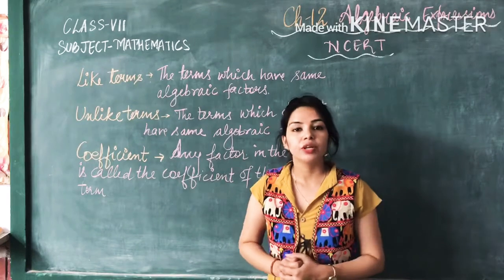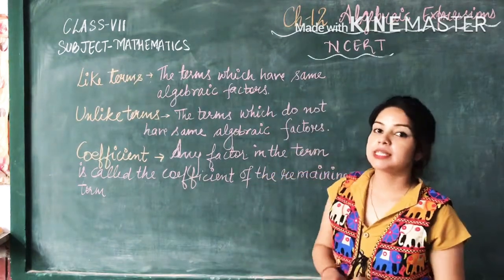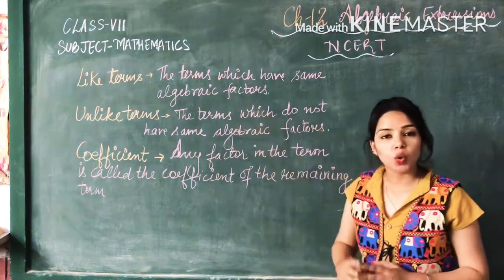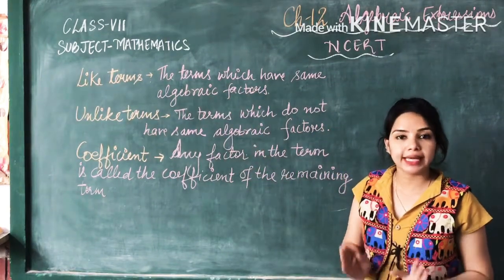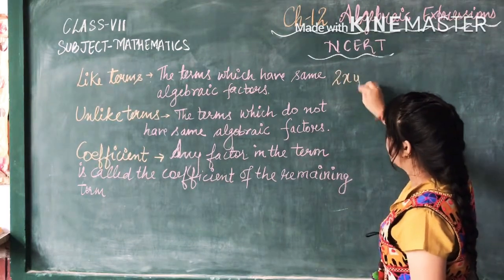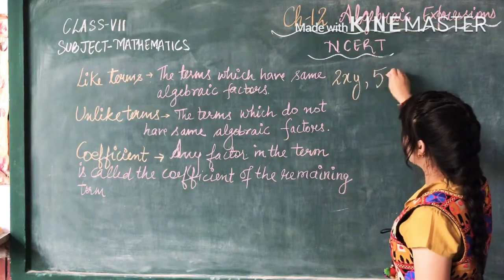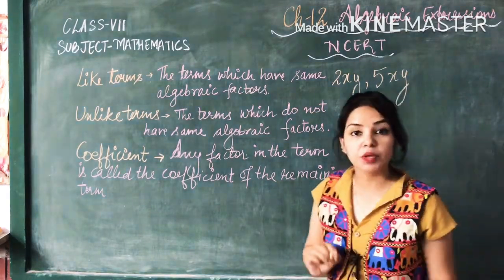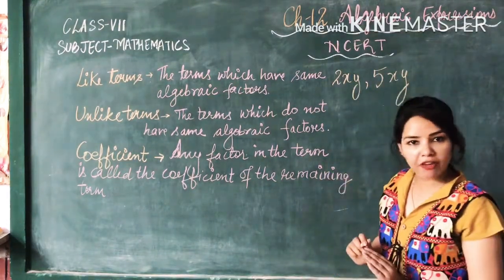The next thing related to algebraic expressions is like terms and unlike terms. Like terms are those terms which have the same factors. Suppose there is 2xy and there is 5xy. These two terms are like terms because they have common factors.